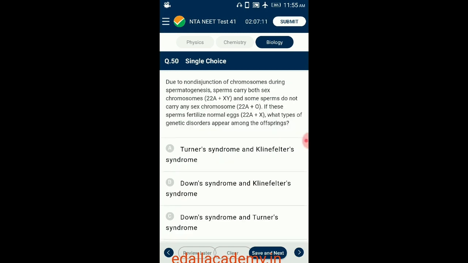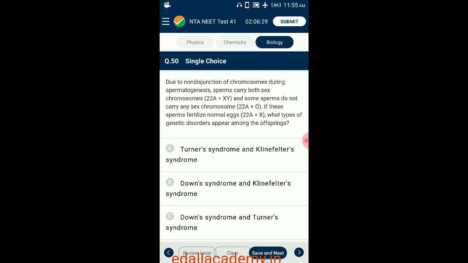Question number 50. Due to non-disjunction of chromosomes during spermatogenesis, sperms carry both sex chromosomes, that is 22 autosomes plus XY, and some sperms do not carry any sex chromosome, that is 22 autosomes and 0 allosomes. If these sperms fertilize a normal egg, that is 22 autosomes with an X chromosome, what type of genetic disorders appear among the offspring? Turner syndrome occurs due to monosomy, that is 2n-1.